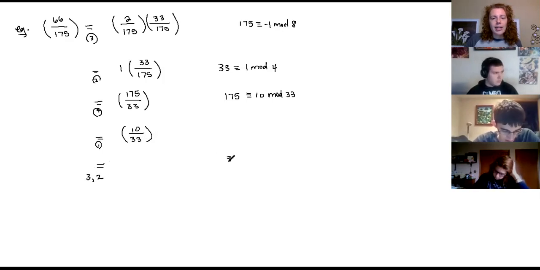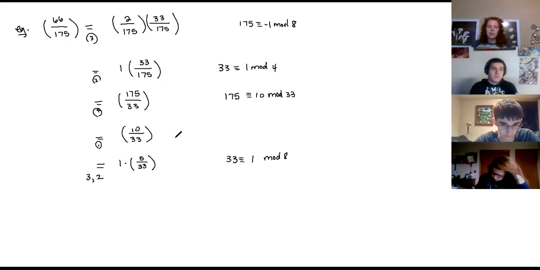And what we need to check is 33 congruent to what mod 8? This goes with rule number 2. Since I'm going to have a 2, 33 is congruent to 1 mod 8. And so therefore this is just 1 times the Jacobi symbol of 5 over 33.